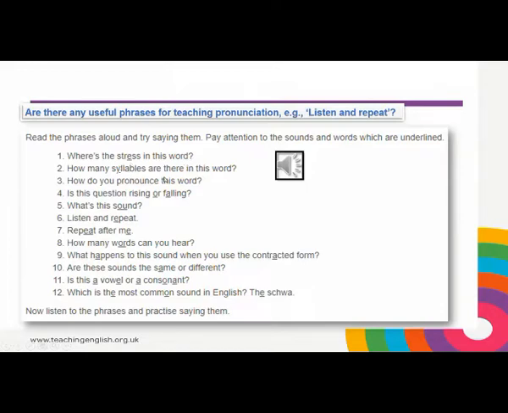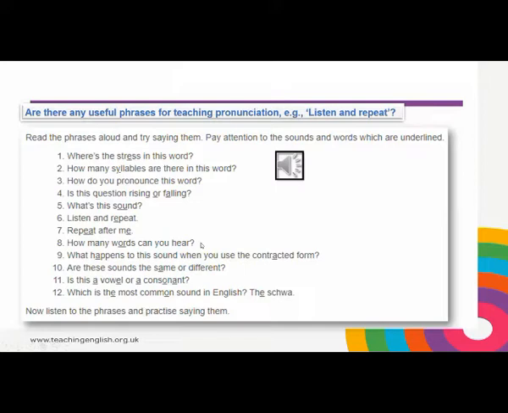How many syllables are there in this word? How do you pronounce this word? Is this question rising or falling? What is the sound? Listen and repeat. Repeat after me. How many words can you hear as an activity?